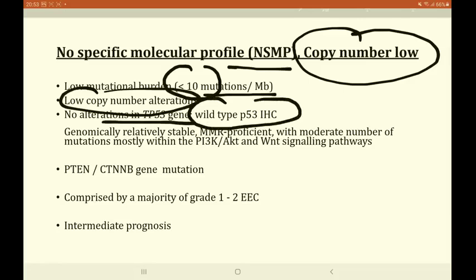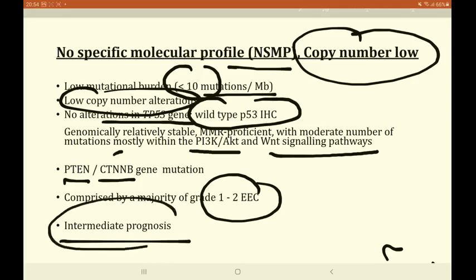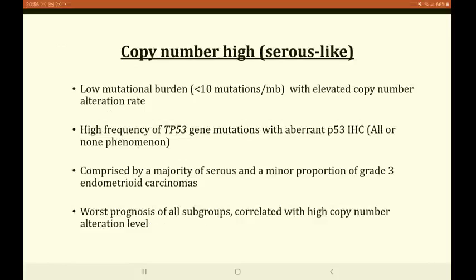This group can show some mutations in the PI3K, the catenin signaling pathways, PTEN, and the CTNNB1 gene. This group usually has grade 1 and grade 2 endometrial carcinomas, and just like the MSI unstable group, it also shows intermediate prognosis.